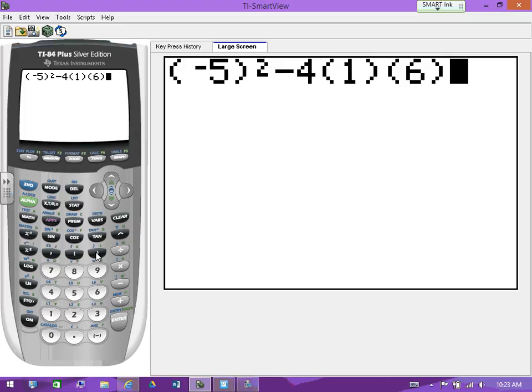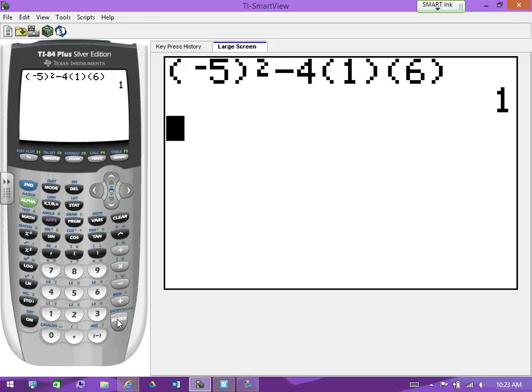Negative 5 squared minus 4 times 1 times 6. You should get 1. If you do not get 1, go and make sure that you entered exactly what you see. The 2 is outside the parentheses. These are being multiplied. If there's a negative number, it needs to be a negative in parentheses because it makes a big difference.